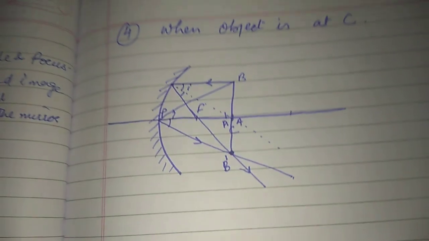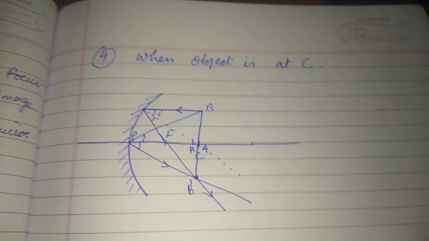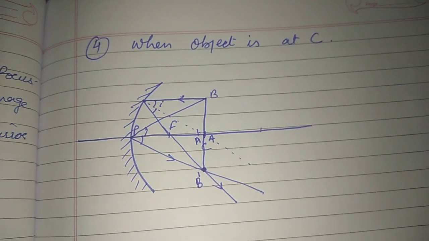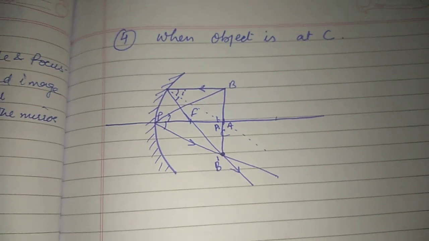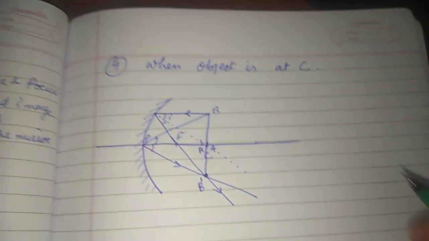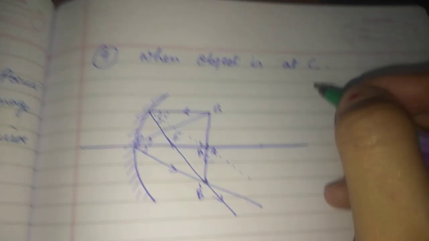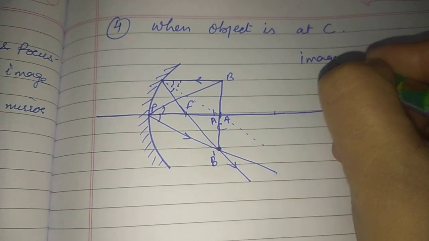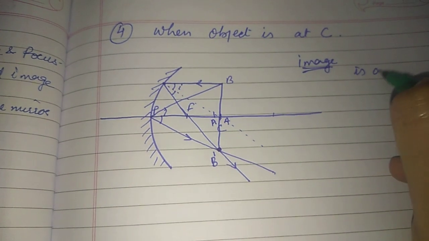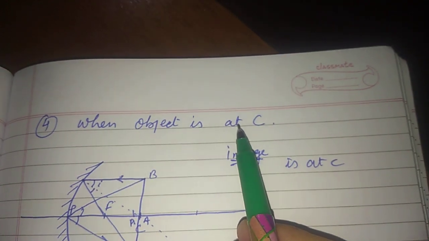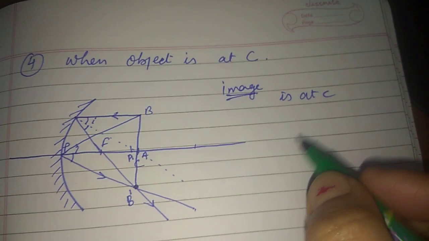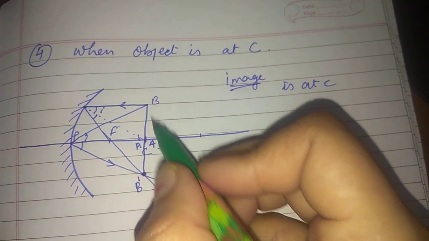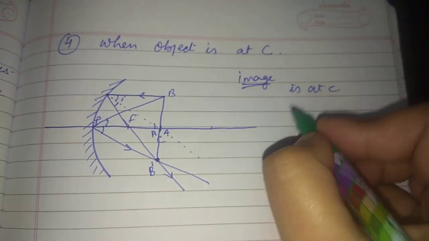So wherever you see the position of the object and position of the image is exactly coinciding. So here, one very interesting property we have obtained for this image. So here in this case image is at C. When the object is at C, image is also at C. And second, you can see the sizes are also almost same.